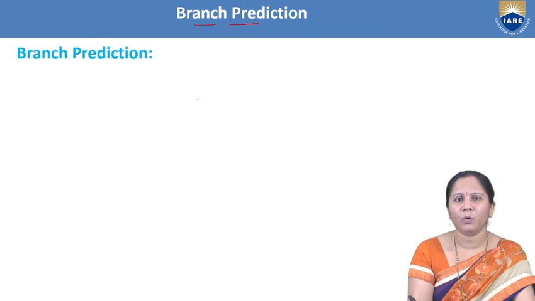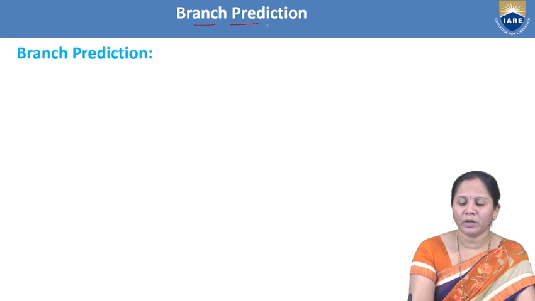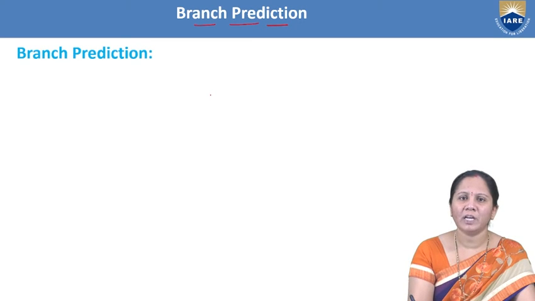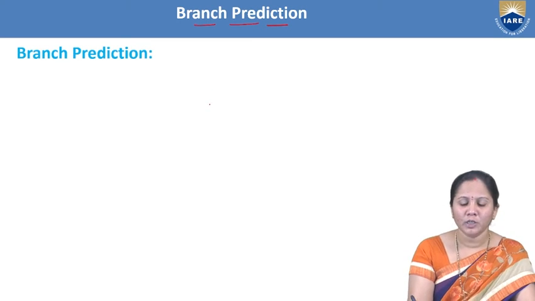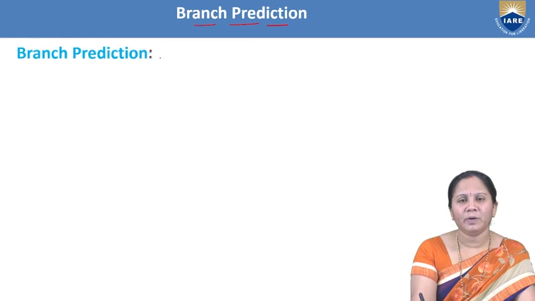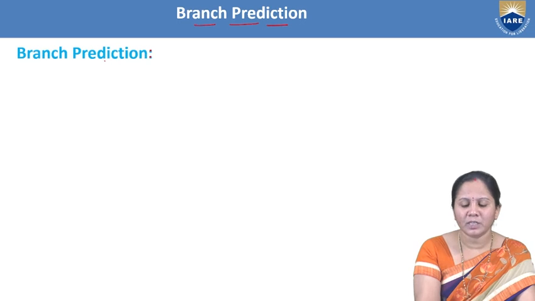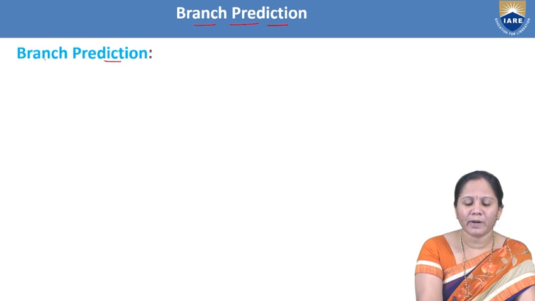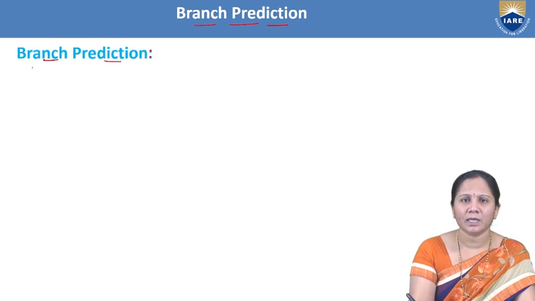In order to avoid the problems in the pipeline mechanism, we go for one technique which is called branch prediction. Prediction means predicting the branch before its occurrence.